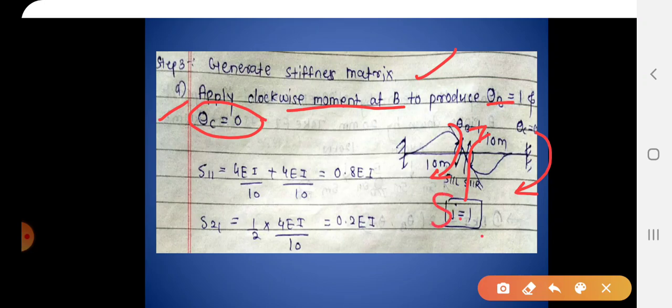Therefore the moment at B will be S11 and the moment at C will be S21. First you will get S11 as 4EI by L plus 4EI by L for both spans, and then S21 equal to half of S11.